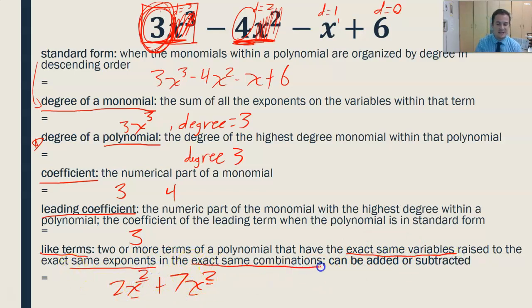So I have 2x squareds plus 7x squareds, and I can combine those together. 2x squareds plus 7x squareds is 9x squareds. So when I have like terms in a polynomial, in order to simplify, I can add or subtract them together to take 2 monomials and combine them into 1.